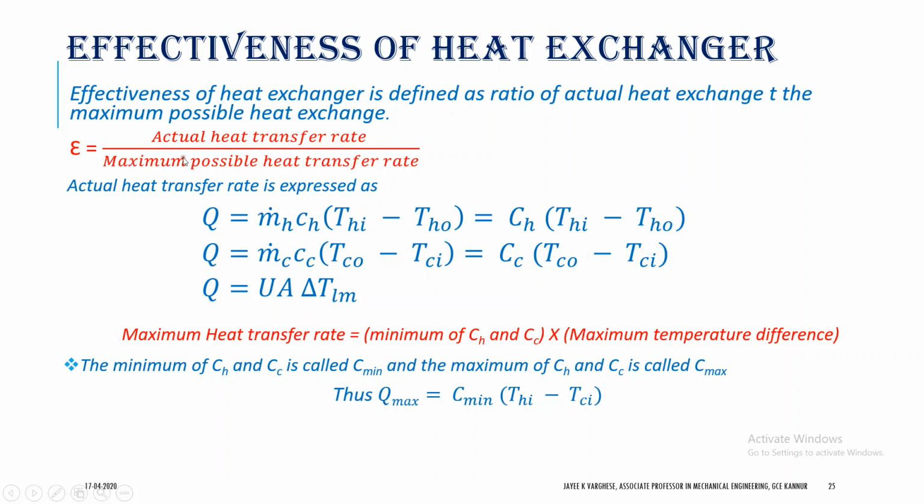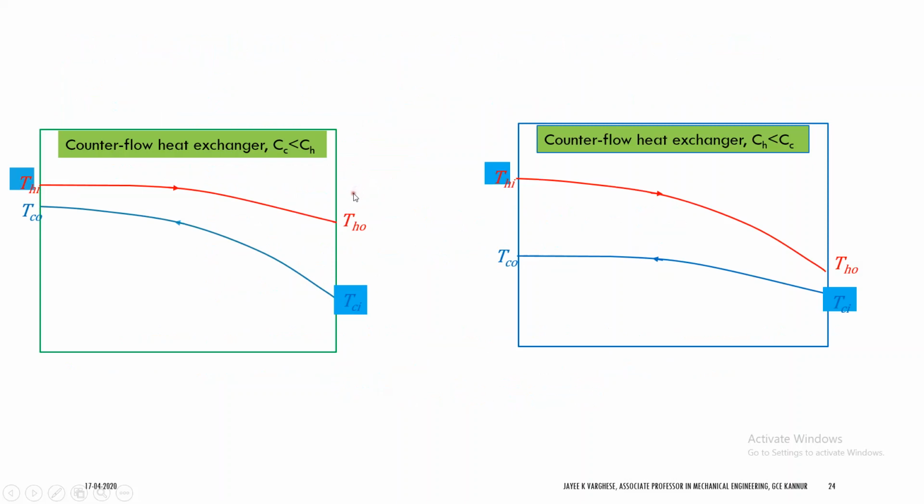Now, what is maximum possible heat transfer rate? In the case of a heat exchanger, the maximum possible heat transfer rate can be calculated like this. Consider the case where heat capacity rate of cold fluid is less than heat capacity rate of hot fluid.